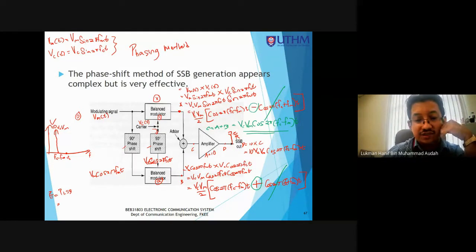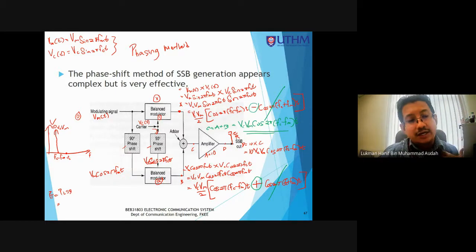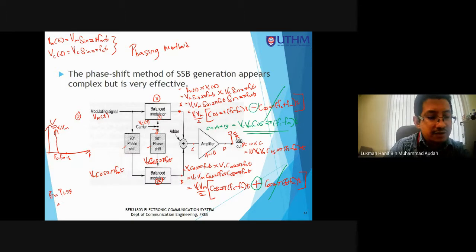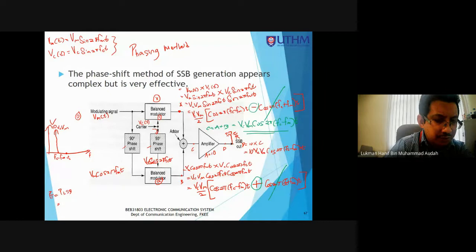So calculate the total power transmitted towards the antenna. Total power yang dihantar kepada antena. So this is a P total pada antena. So P total pada antena is the power of the lower sideband.